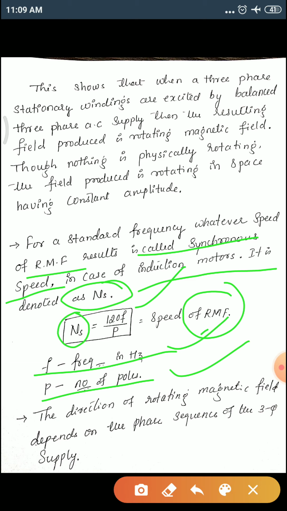Remember, the direction of a rotating magnetic field depends on the phase sequence of a three-phase supply. If you would like to change the direction of this rotating magnetic field, what we can do is interchange any two terminals of the three-phase winding. While connecting the three-phase AC supply, the direction of rotation of the RMF gets reversed.